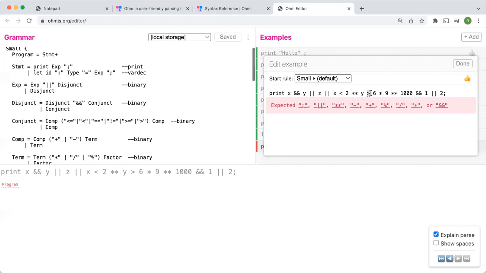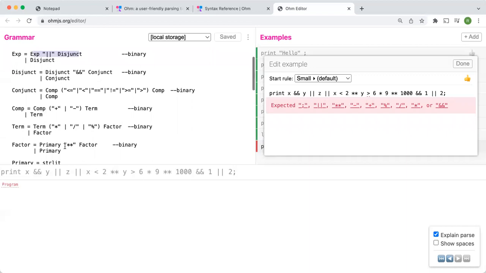It did not like that greater than. Oh, because we have, why is that? 2 star y with a greater than right there. What did it not like? Expression or disjunct, disjunct and conjunct. Comps plus plus, primary star factor.